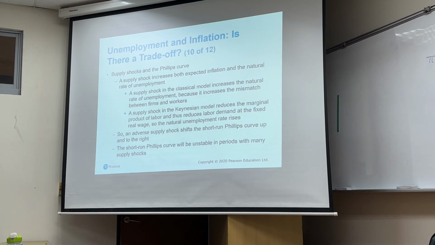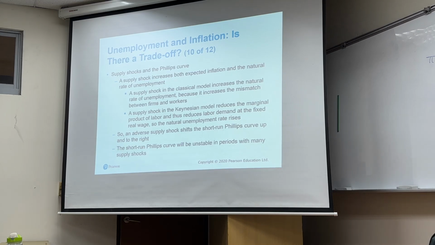Supply shocks: when we talk about aggregate supply and aggregate demand, there are some supply shocks there, and the same thing can happen to the Phillips curve. So is there still a trade-off? As we mentioned, in the long run it is not. In the short run, there is still a negative relationship between unemployment and inflation.